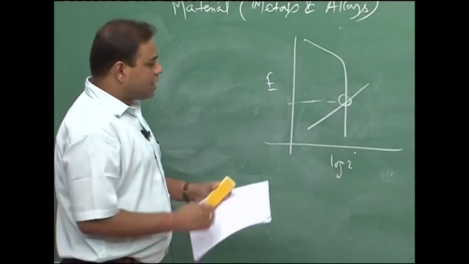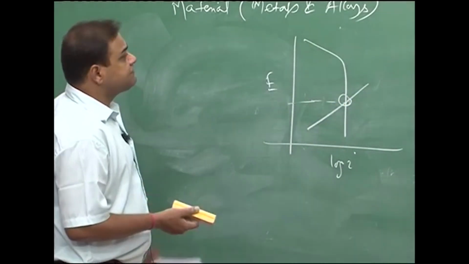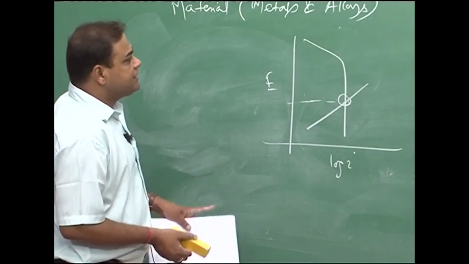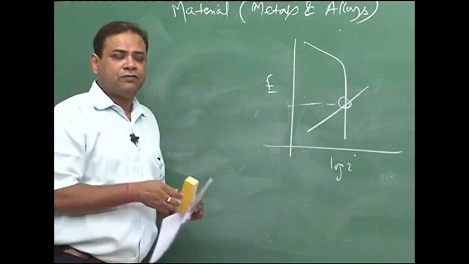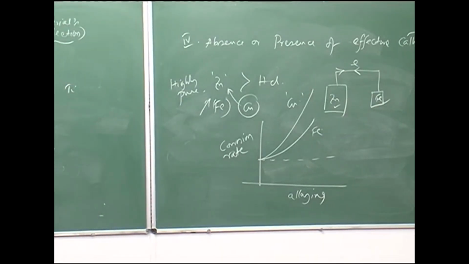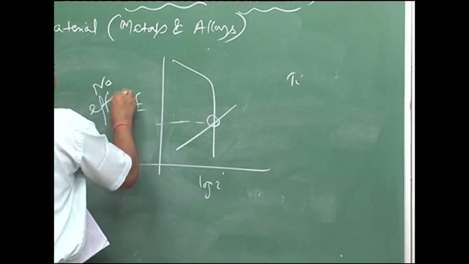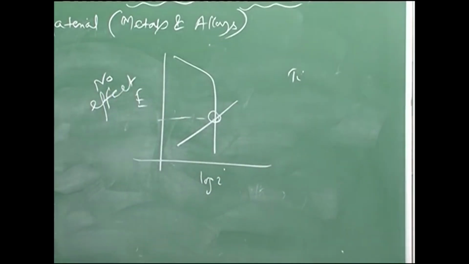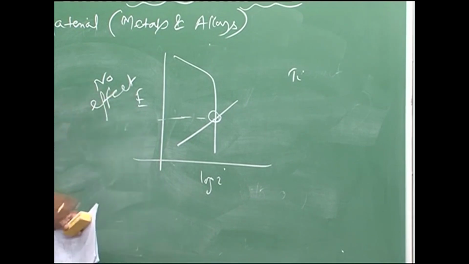Now, there could be a positive effect of those cathodic sites, as we have seen in case of alloying titanium. This is no effect of cathodic, effective cathode, or basically we can call it ineffective cathode.